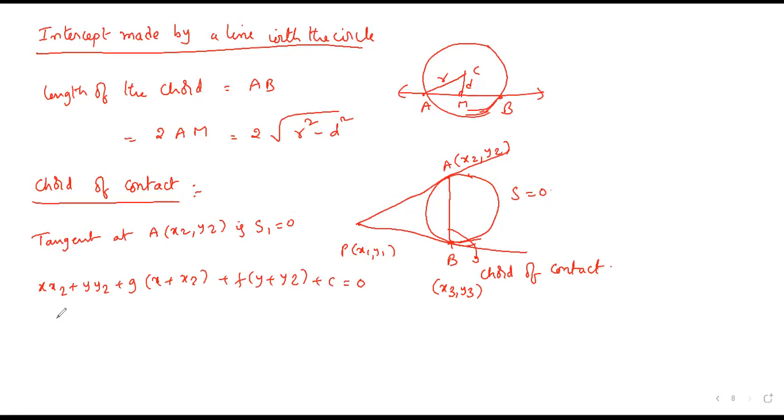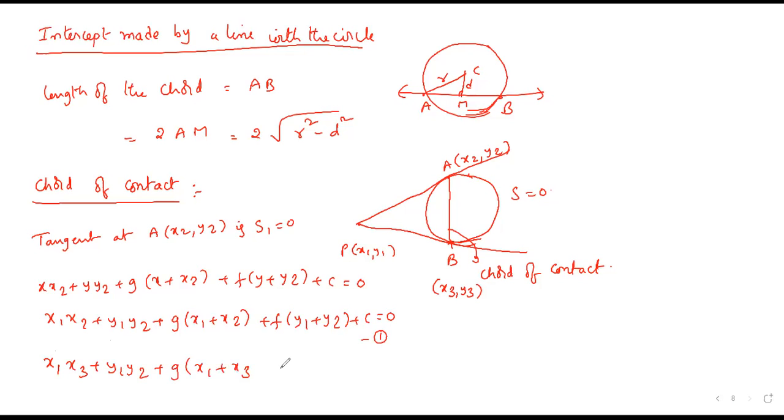But this line passes through the point P(x1, y1). So substituting the point (x1, y1), you will get x1 x2 plus y1 y2 plus g into x1 plus x2 plus f into y1 plus y2 plus c equals 0. This is one condition. Similarly, if you apply the same for the second point B(x3, y3), substituting the point (x1, y1), you will get the second condition, that is x1 x3 plus y1 y3 plus g into x1 plus x3 plus f into y1 plus y3 plus c equals 0.